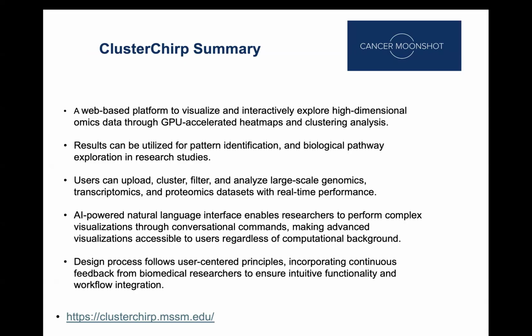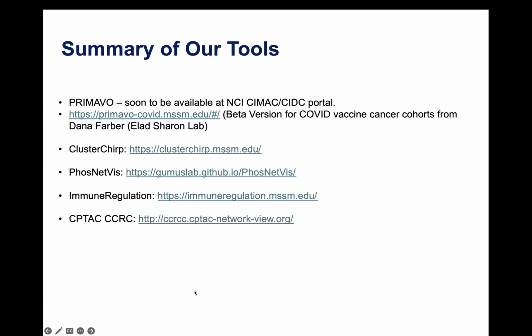The AI-powered natural language interface enables researchers to perform complex visualizations through conversational commands, making advanced visualizations accessible to users regardless of computational background. And the design process follows user-centered principles, incorporating continuous feedback from biomedical researchers to ensure intuitive functionality and workflow integration.